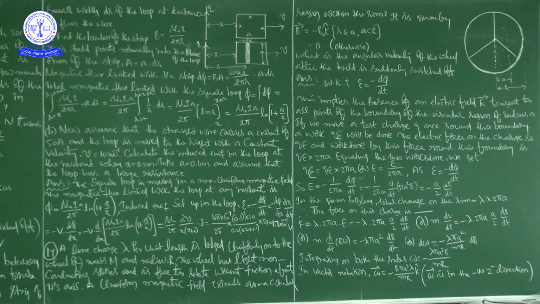If we integrate this expression, we get omega as minus lambda pi A square into B divided by MR.